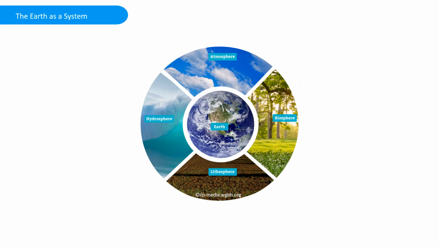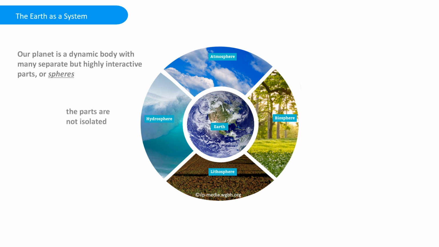So the Earth as a system, you can see in this picture, the Earth is in the center, and you can see the four different spheres that encircle the Earth. The atmosphere, biosphere, lithosphere, and the hydrosphere. And this is because our planet is a dynamic body with many separate but highly interactive parts that we call spheres.